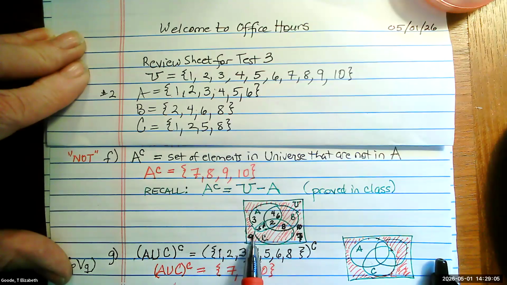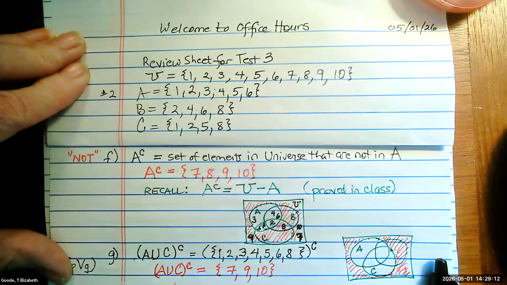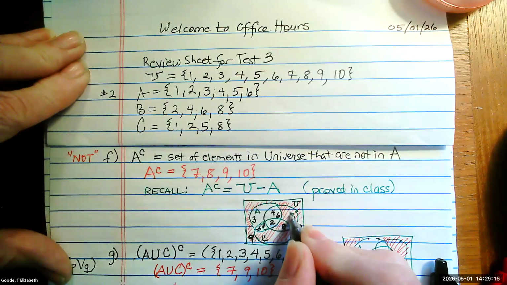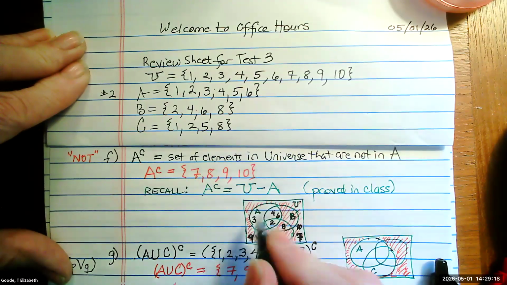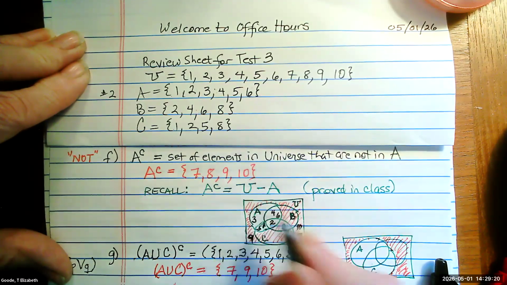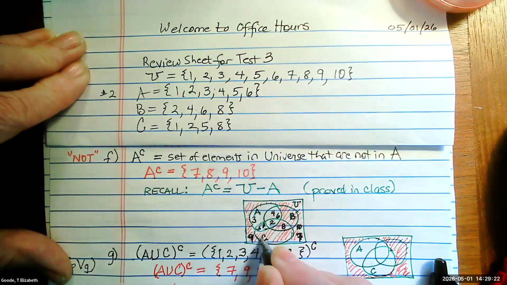The ones that are outside of A and outside of C. There weren't any elements that were just in the set B and outside of A and C because B was a subset of A union C. Okay. Does that make sense?